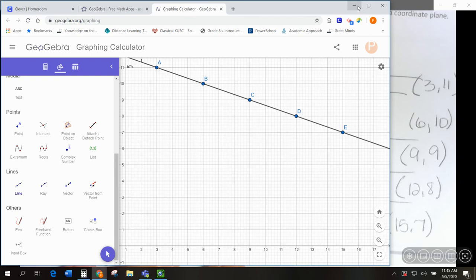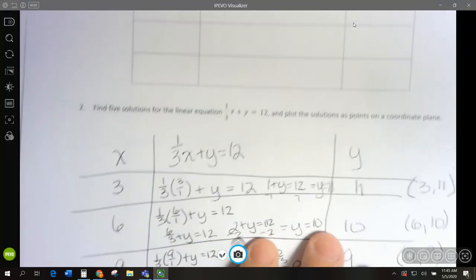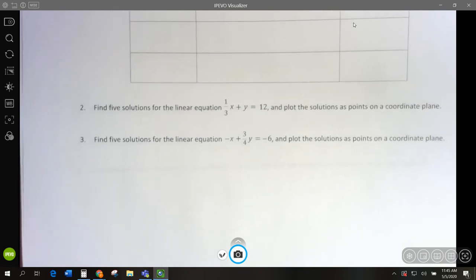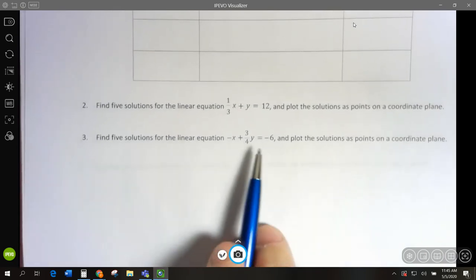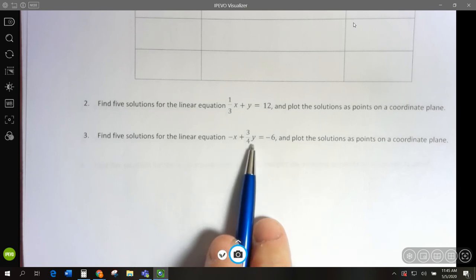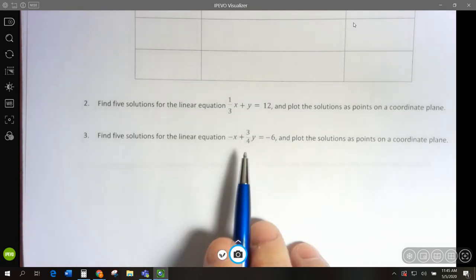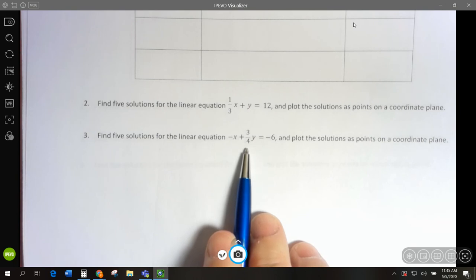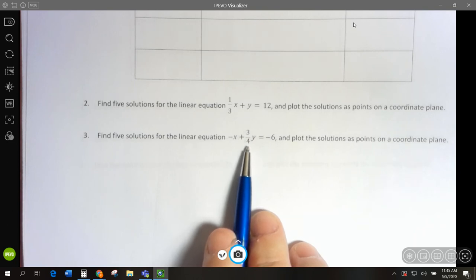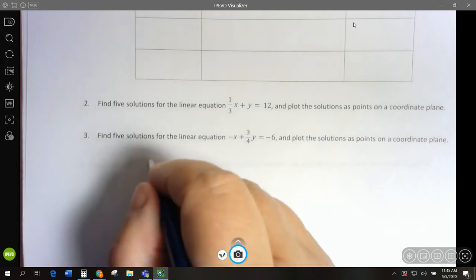Let's go on to number 3. Number 3, I'm not going to do the whole thing. I just want to help you decide what we'll use. Are we going to pick x's or y's? The best thing would be to pick y's, because we have a coefficient for y, and we actually want to pick multiples of 4, because 4 is our denominator.